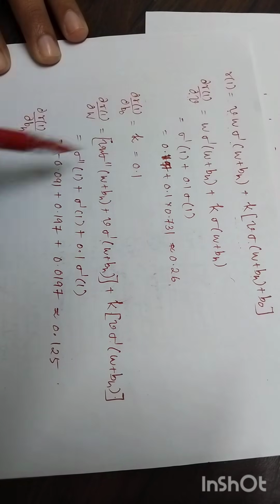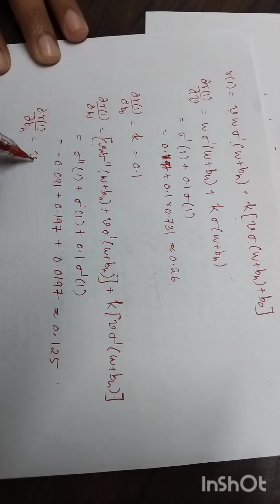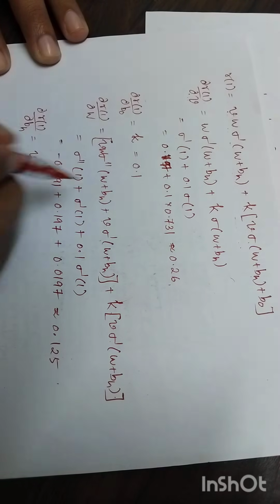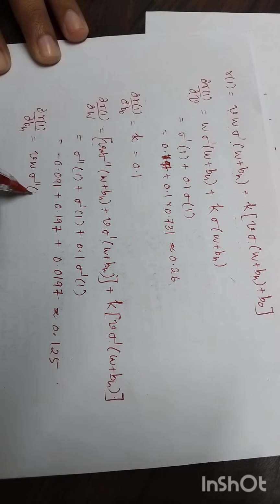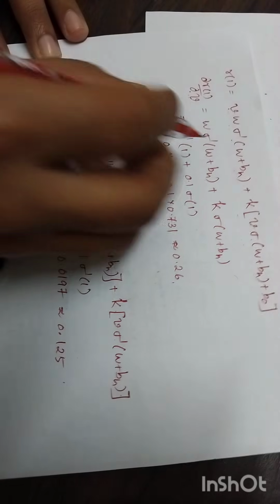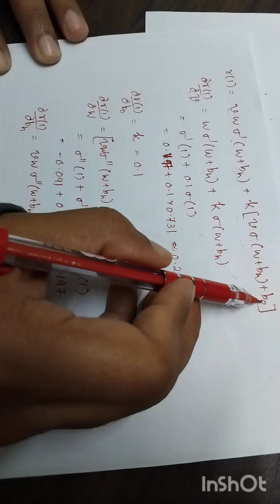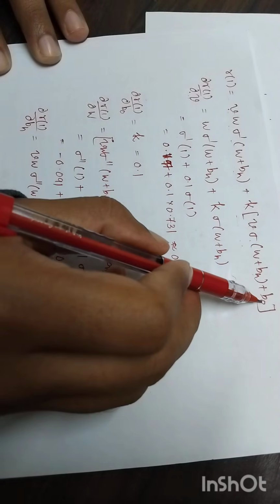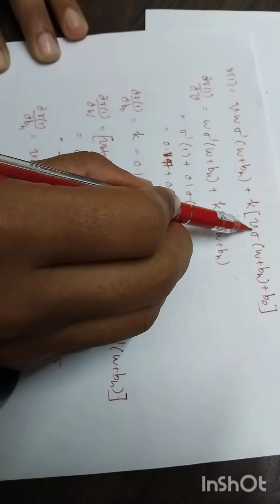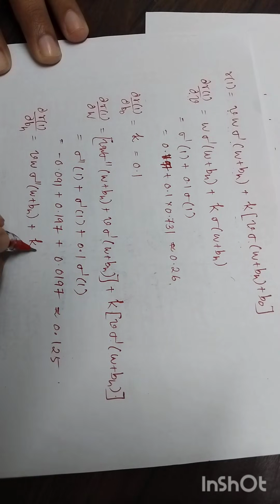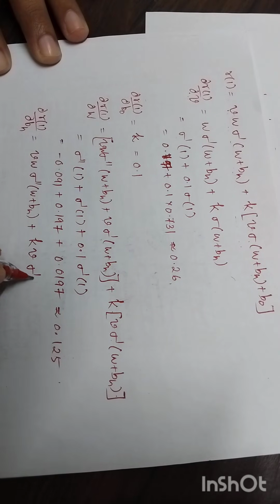So here if you take the derivative, V and W are constants, the derivative of this would be sigma double dash of W plus BH, and then the derivative of BH with respect to BH is 1, then K into, so the derivative of B naught would be 0 because B naught is not a function of BH, and then this function only, so we have V into sigma dash of W plus BH.